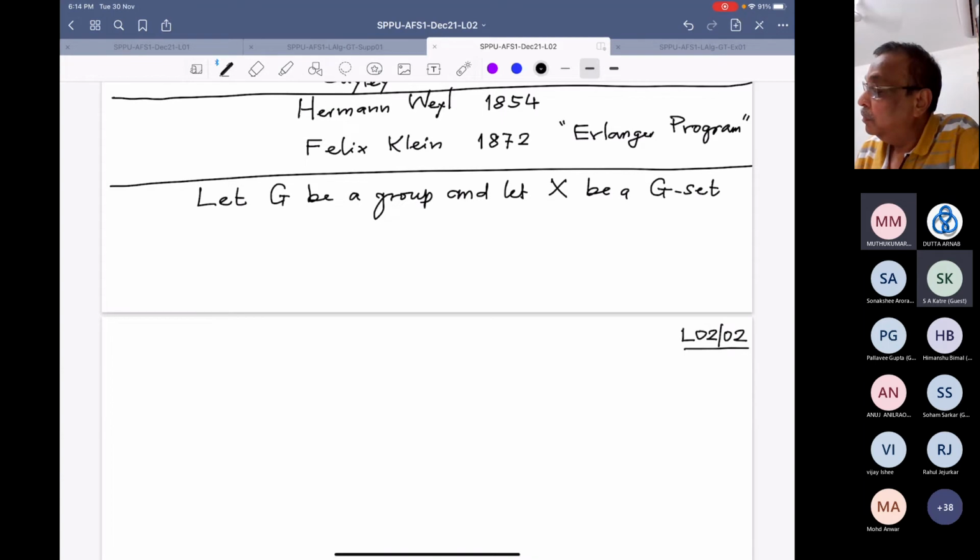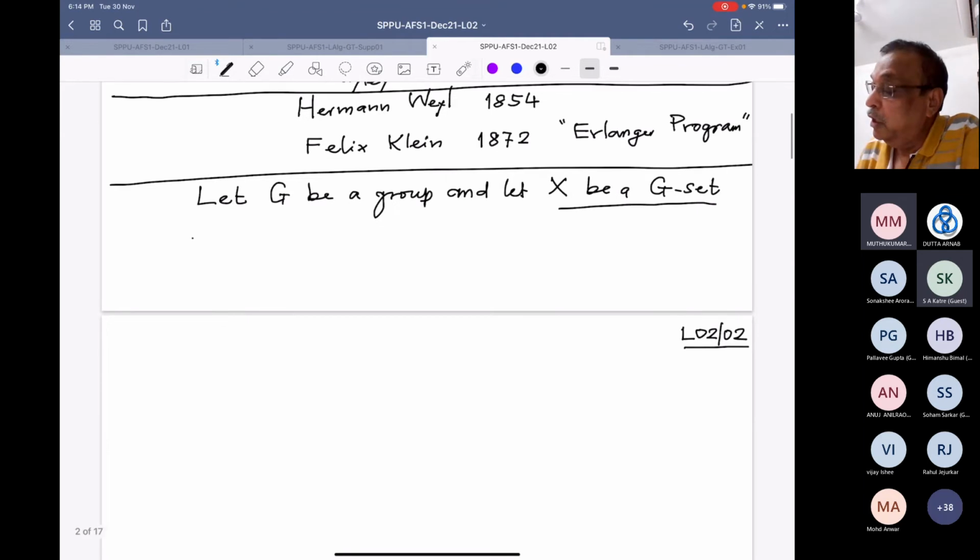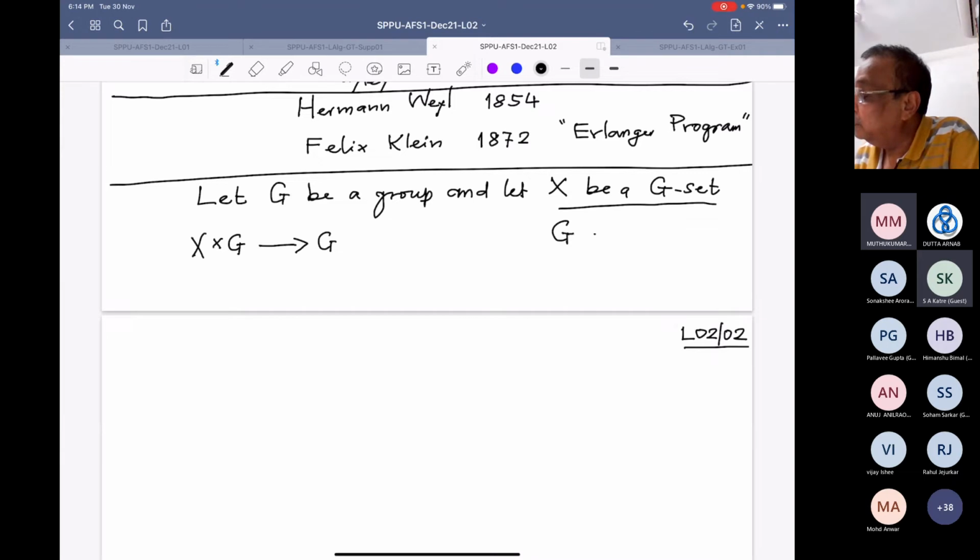That means there is an operation of G on X. So this you can think either as a map X cross G to X, or equivalently you can think of a group homomorphism from G to S_X. Once you say group homomorphism, then you don't have to write any extra condition.